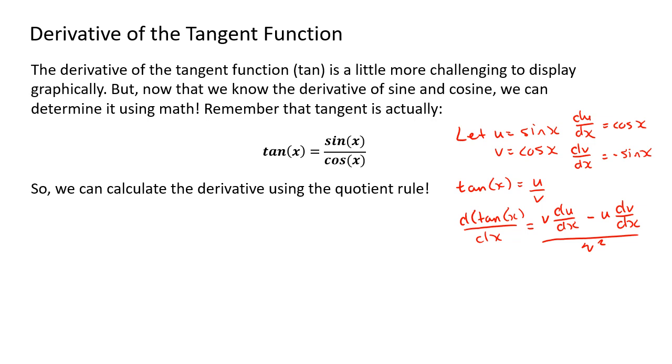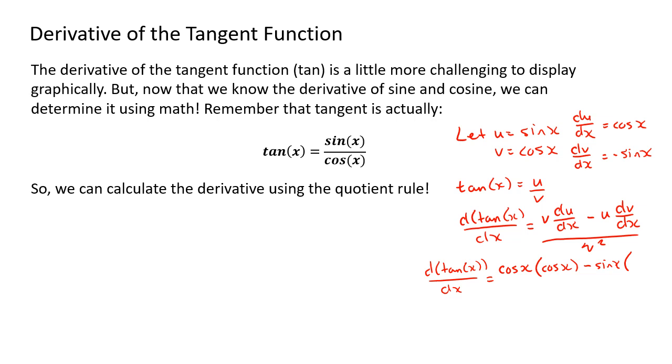So now I can substitute those values in. So the derivative of tan x with respect to x is equal to the function v, cosine of x, times the derivative of the function u, which is the cosine of x, minus the function u, okay, which is sine x, times the derivative of the function v, okay?